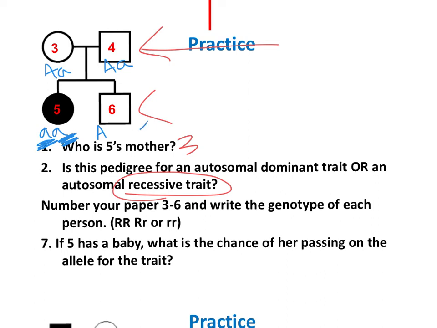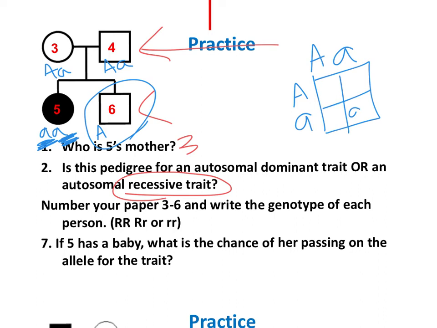For kid number 6, I'm a little bit unclear. If I draw the Punnett square from the mom and the dad, I can get my shaded kid. There she is. And I can also get homozygous dominant, or I could get heterozygous. So it is unclear to me exactly what this kid is.